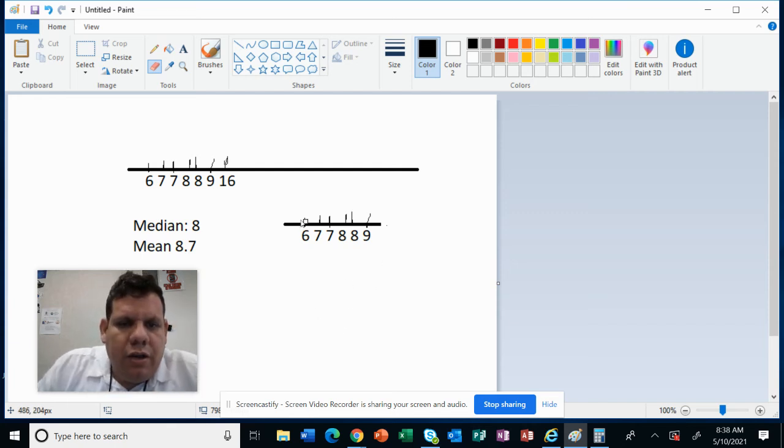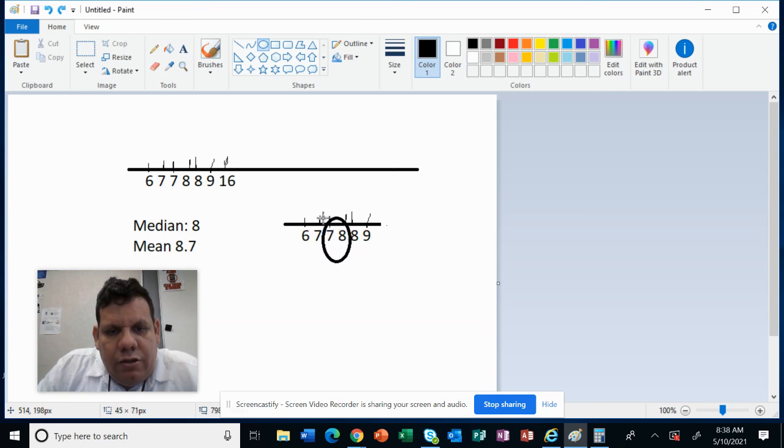Once the outlier is removed, what is the value for the median? Now we have two values in the middle, which are 7 and 8. 7 plus 8 is 15, and when I divide by two, the average of these two values is the median.